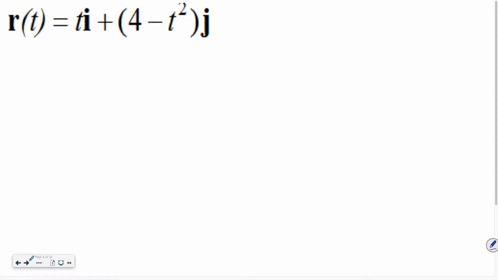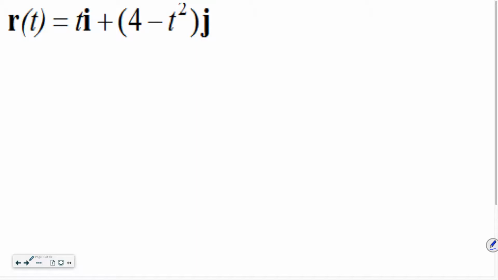Okay, so write this one down. We're going to find its derivative. And then we're going to look at the vectors on the function. You think you know it?